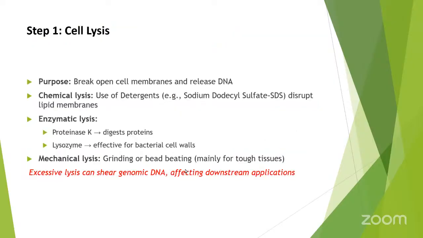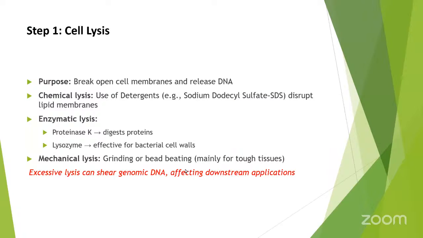In step one, we talk about cell lysis. The purpose of cell lysis is to break open the cell membrane and release the deoxyribonucleic acid. Chemical lysis uses a detergent like SDS, sodium dodecyl sulfate, which disrupts the lipid membranes.